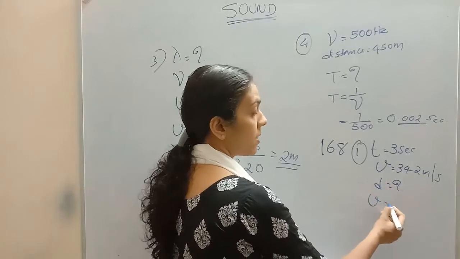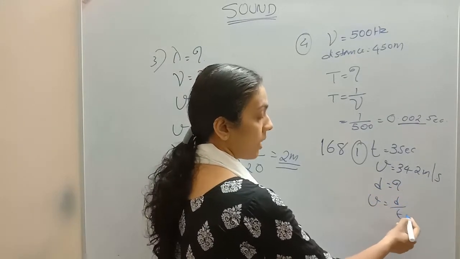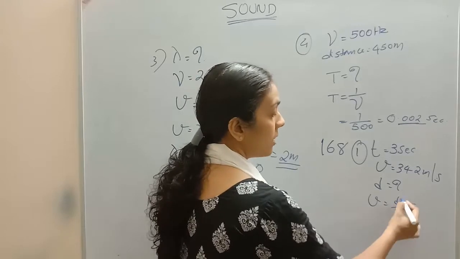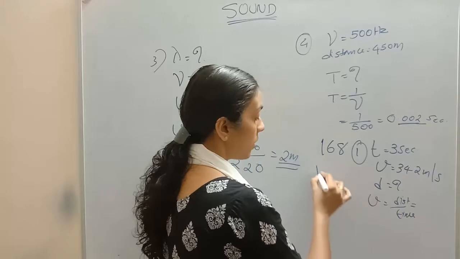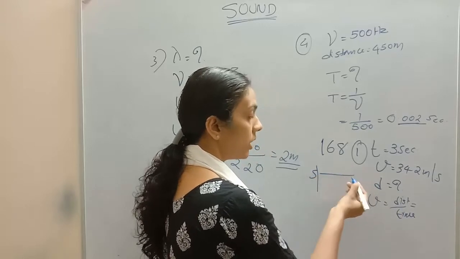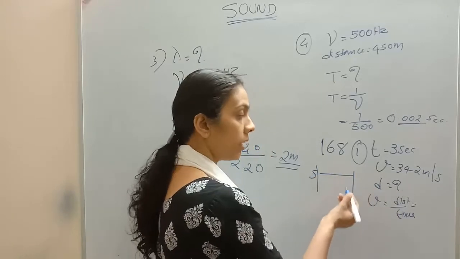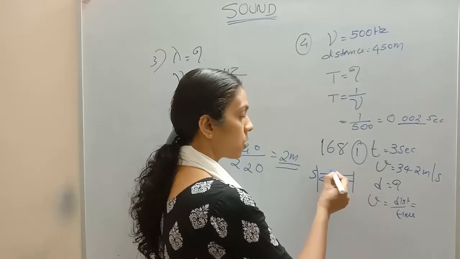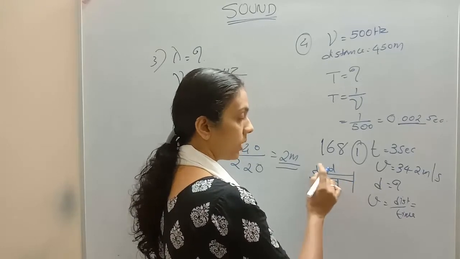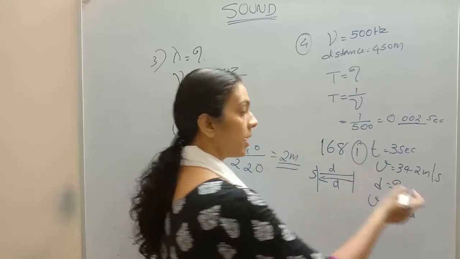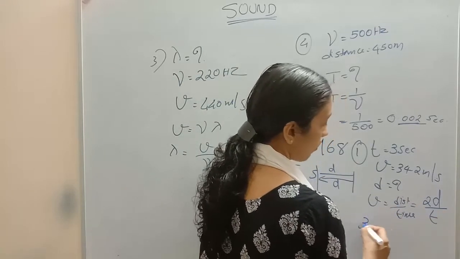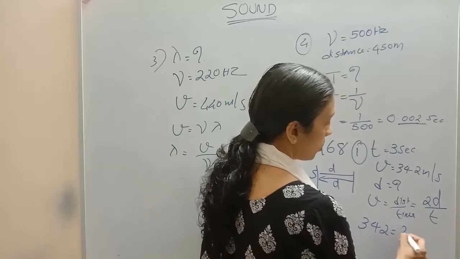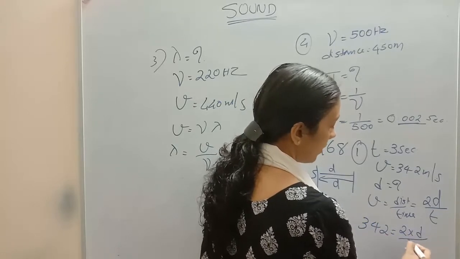To calculate distance, velocity equals distance divided by time. To hear the echo, the sound goes to the surface, reflects and comes back. So if this is D, this is also D. The total distance covered is 2D, so 2D divided by T. So 342 equals 2 into D divided by 3.